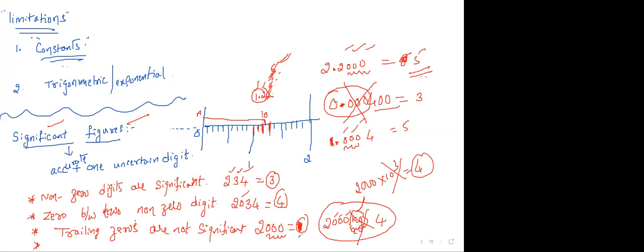So this is how we analyze the concept of significant figures in measuring values. I hope you will study significant figures even in chemistry. So these are the concepts which you are going to learn in units and dimensions, students. If you have any doubt, you can ask in these chapters.